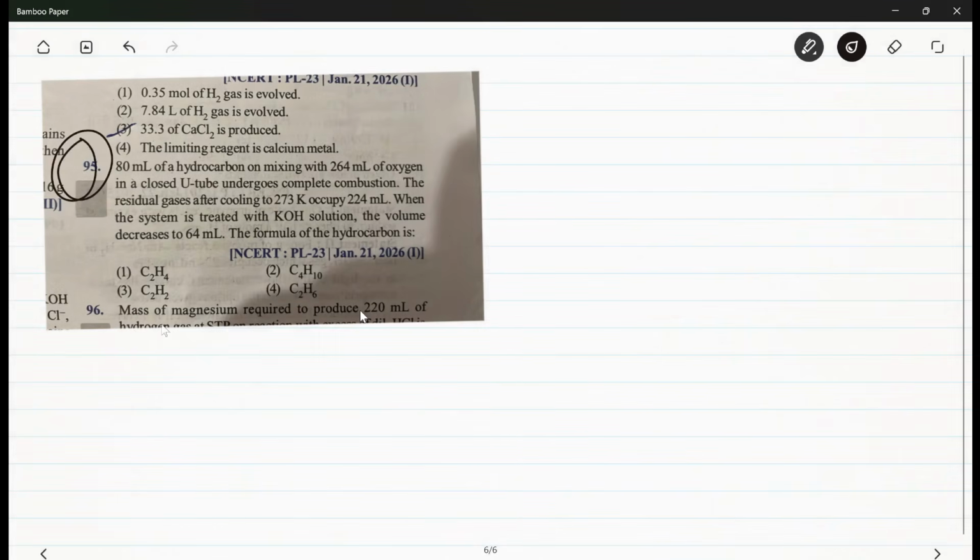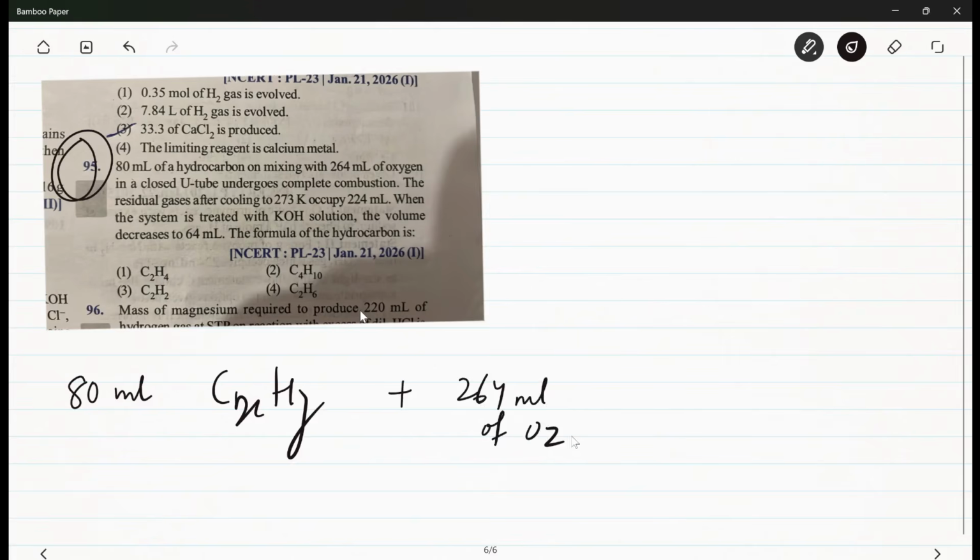Here there is 80 ml of hydrocarbon CxHy mixing with 264 ml of O2. There is a reaction and we do combustion. The residual gas after cooling occupies this much.